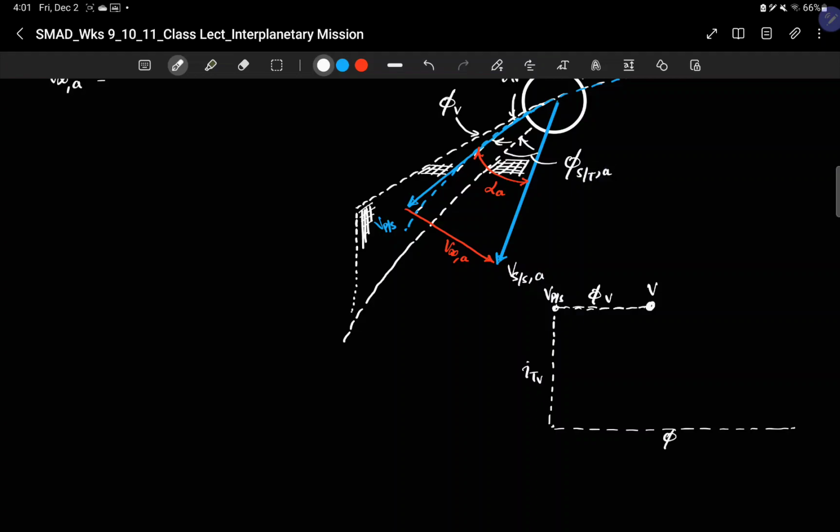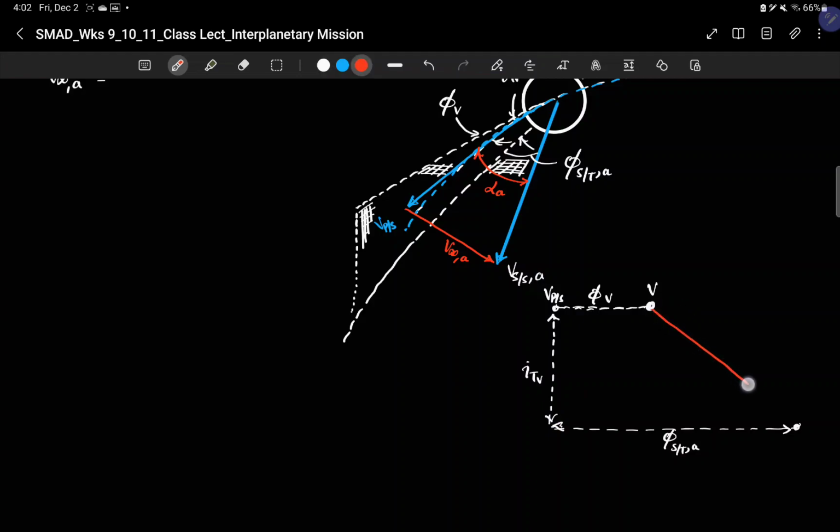This is exactly how we mentioned it last time for the flight path angle of the spacecraft on the transfer trajectory at departure. From here to here is your ITV.